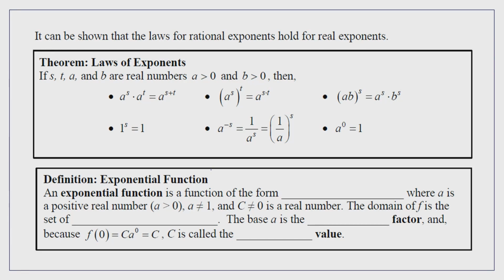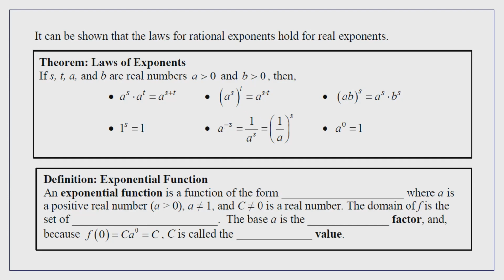If you have a base with a power raised to another power, you multiply the powers. If you have 2 bases multiplied together raised to a power, you can distribute the power to the 2 different bases. 1 raised to a power is just 1.